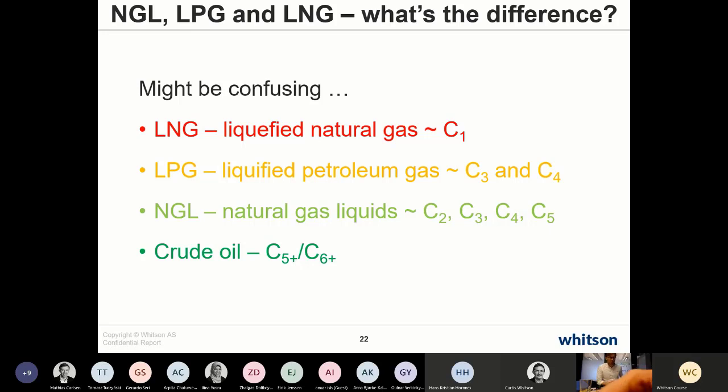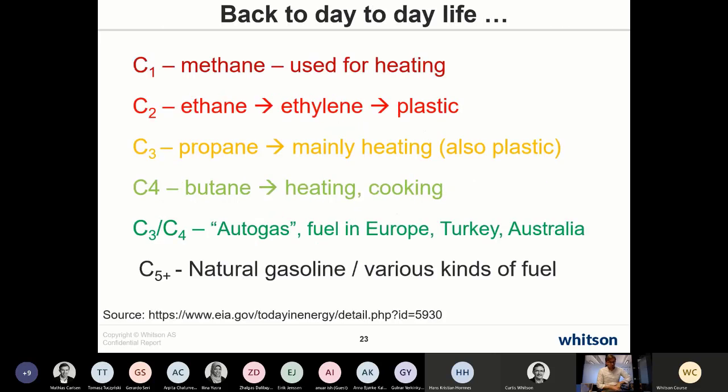For instance, what's the difference between LNG, LPG, NGLs, etc., which I'm still struggling with myself sometimes. The purpose of this slide is to give an overview of the differences, what compositions go into which products, and what these different types of components are actually used for in the real world.